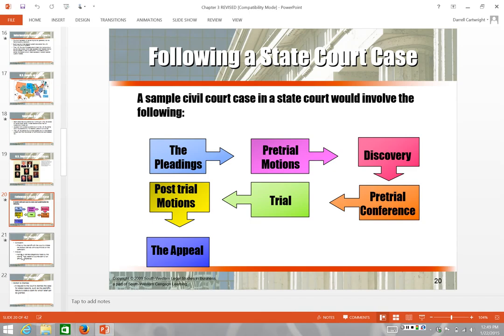The discovery process is an ongoing process in which each side discovers information about the other side's case.